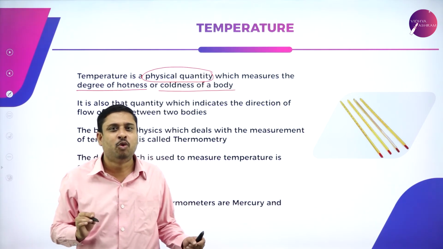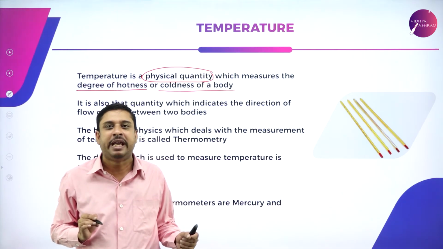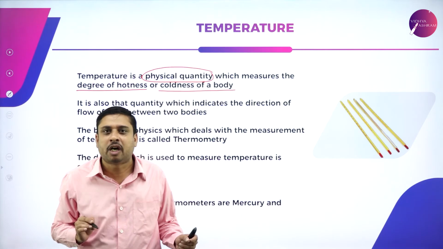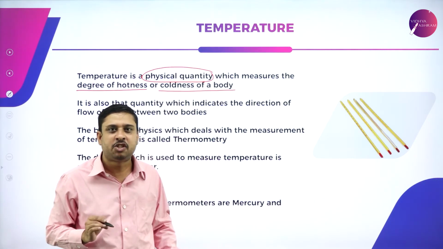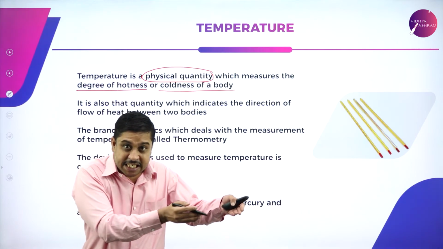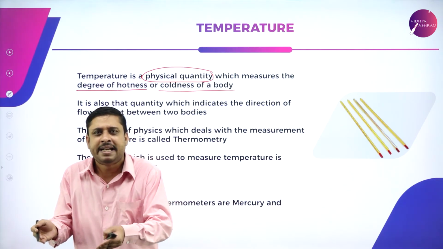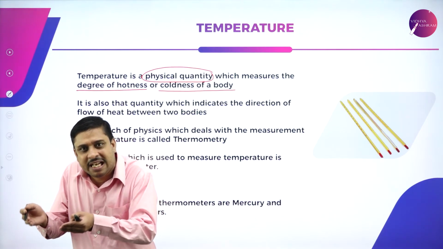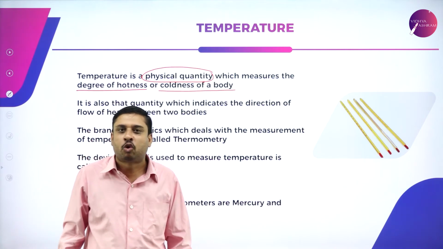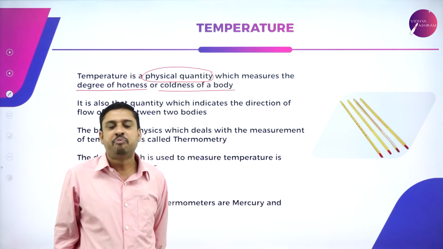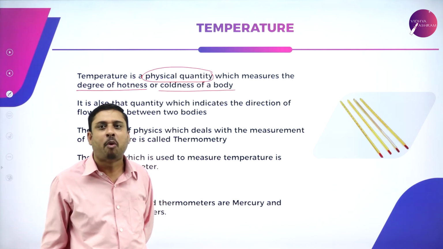See, how do you actually distinguish between a hot body and a cold body? A hot iron rod, when you touch it, you pull your hand back. Temperature is very high. If a body is cold, temperature is relatively less. So based on the temperature, you classify a hot body and a cold body.